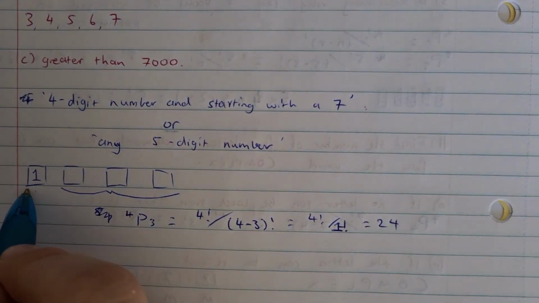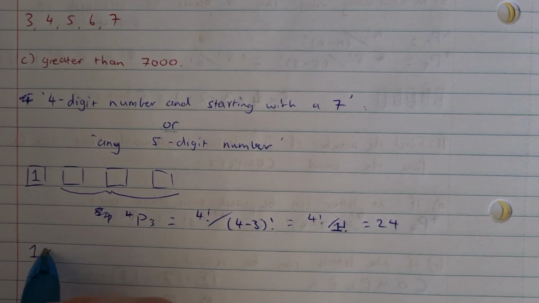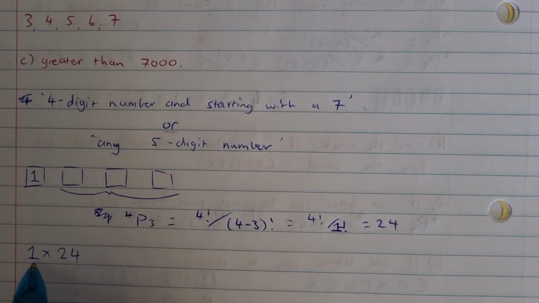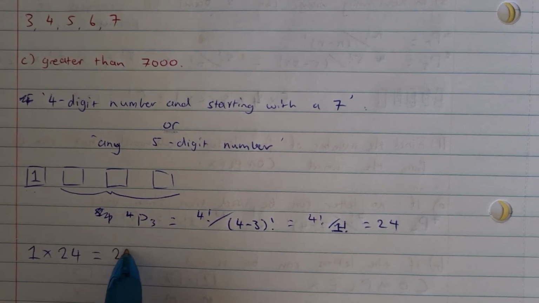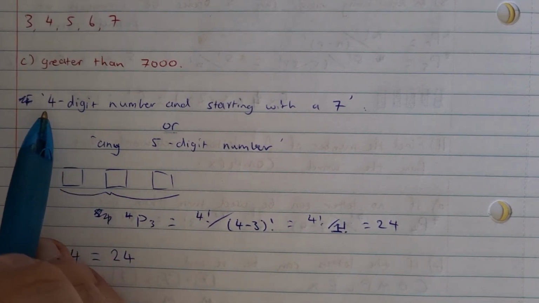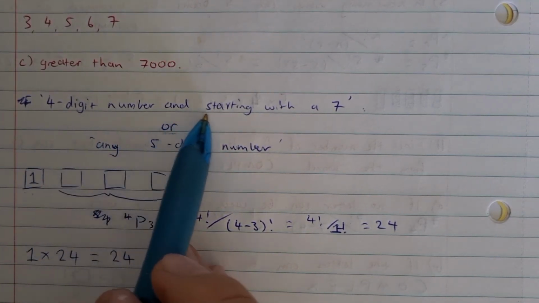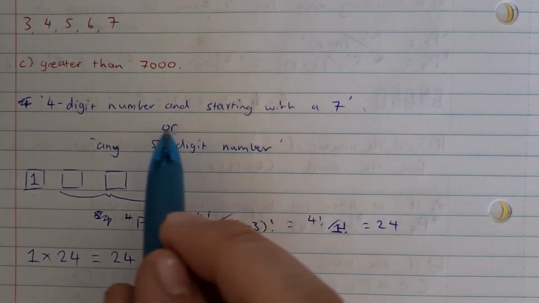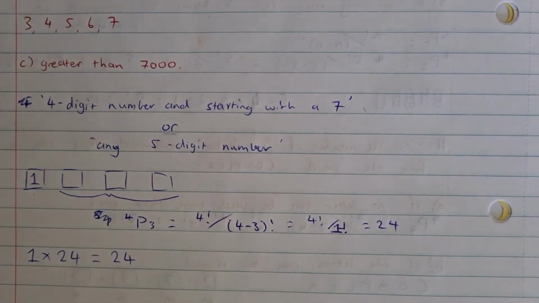So for our first number, there was one option. And for our following 3 numbers, there were 24 options. So we use that multiplication rule. Obviously, 1 times 24 is just 24. So there are 24 different permutations for a 4-digit number, and it starts with 7. Now let's work out how many permutations for any 5-digit number.